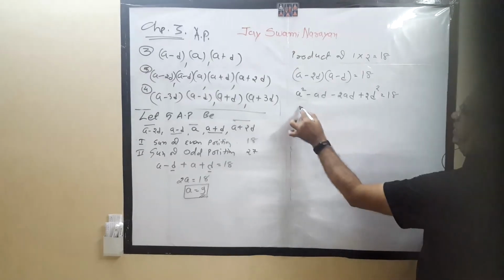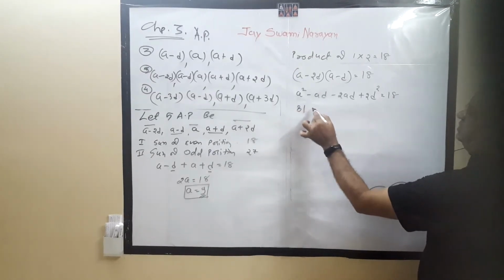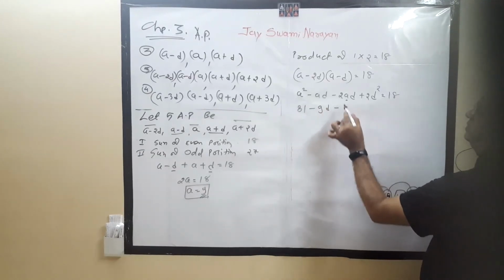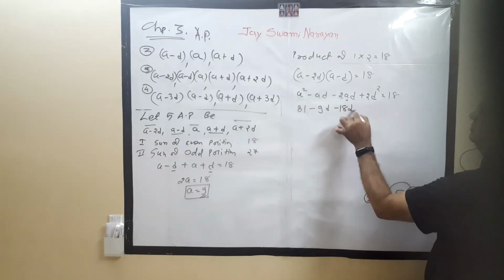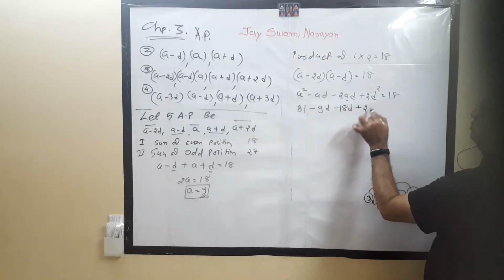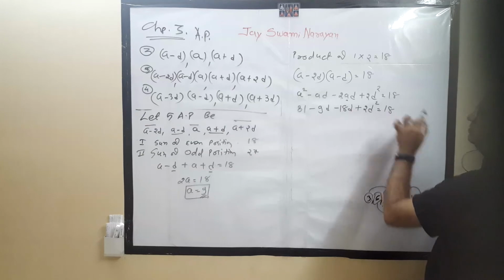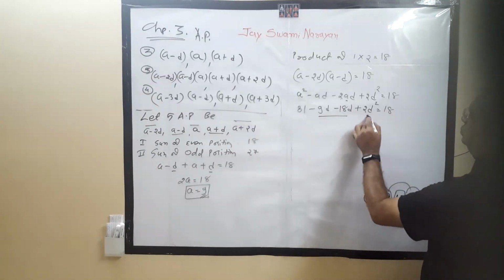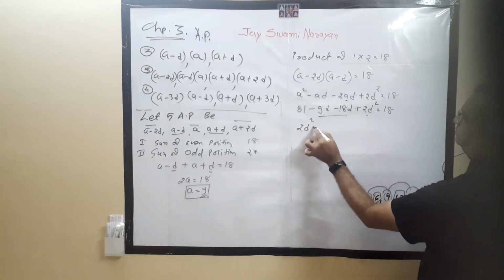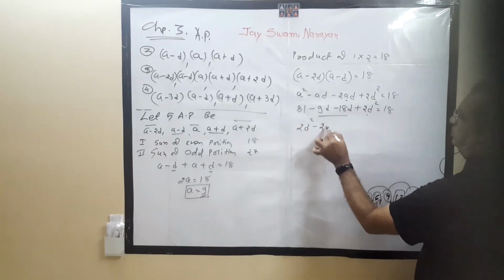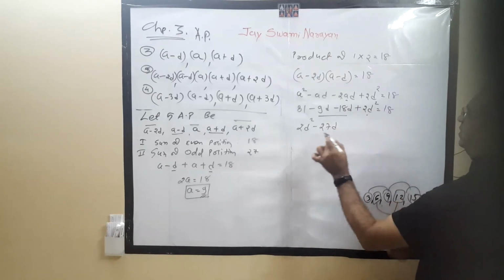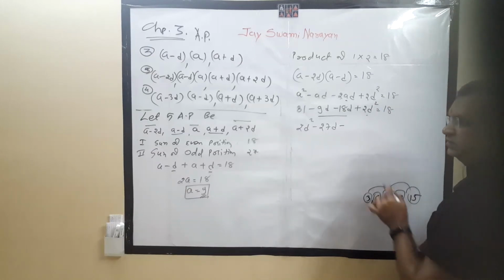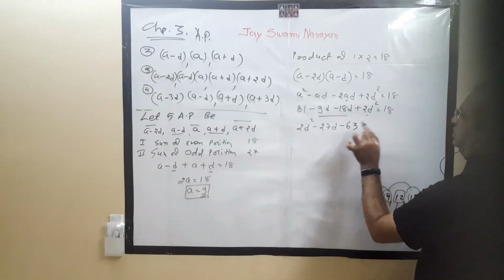Now a is equal to 9, so it is 81 minus 27d plus 2d square, and 18 goes this side. So it is 63.